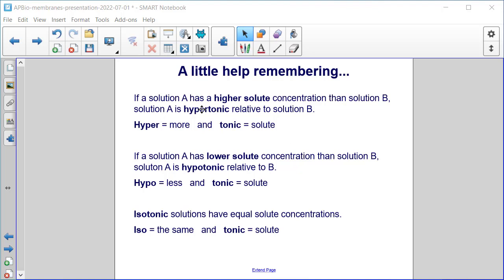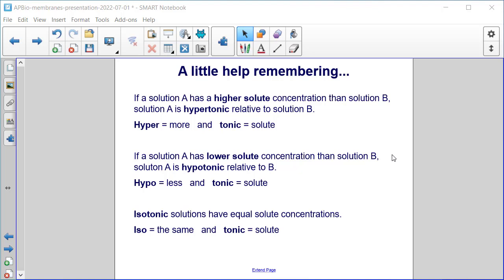So solution A has more solute relative to solution B. If solution A has lower solute concentration than solution B, solution A is hypotonic relative to B, where hypo means less, tonic means solute. Isotonic solutions have equal solute concentrations, iso meaning the same and tonic meaning solute.